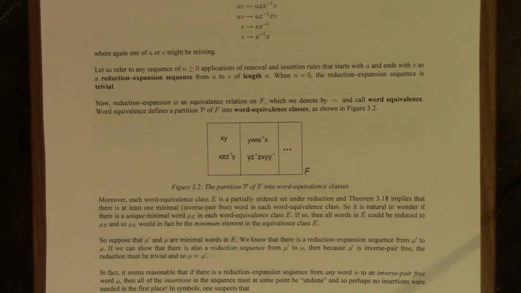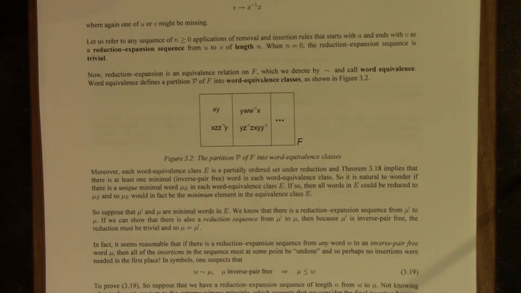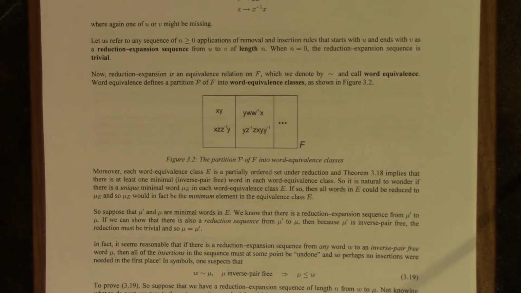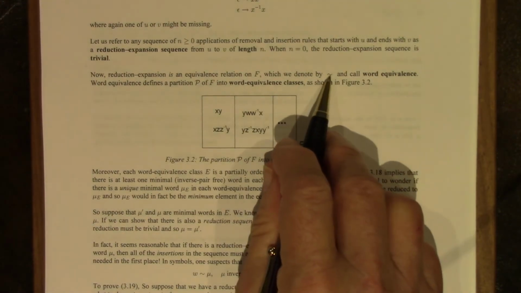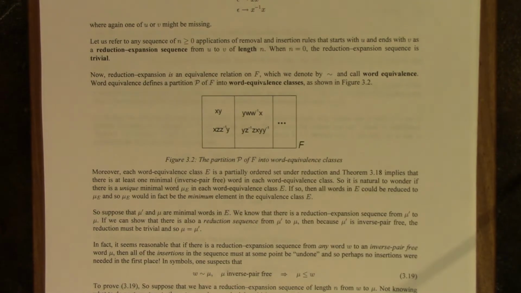And again, when n is 0, we get the trivial reduction expansion sequence. Reduction expansion is an equivalence relation on the monoid F, and I'll denote it by this squiggly line, and I'll call it word equivalence, for lack of a better term.